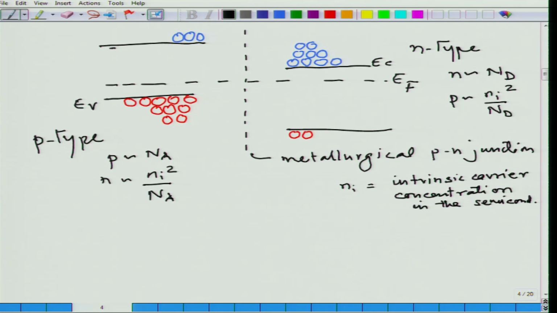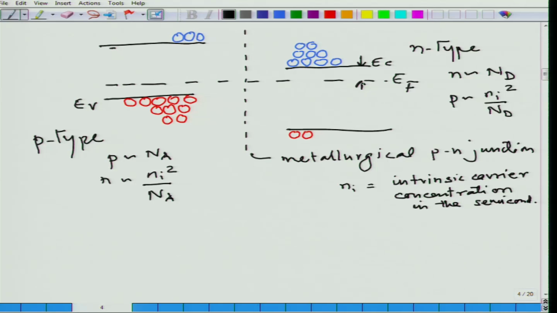Further, we also know how to write, in terms of the doping on the p type and n type, what would be the Fermi level. Basically, we know how much is the shift in the Fermi level from the intrinsic Fermi level in both cases in terms of the carrier concentration. For the p type semiconductor, it can be written as kT times the log of the acceptor concentration divided by Ni, where k is the Boltzmann constant and T is the temperature in Kelvin.